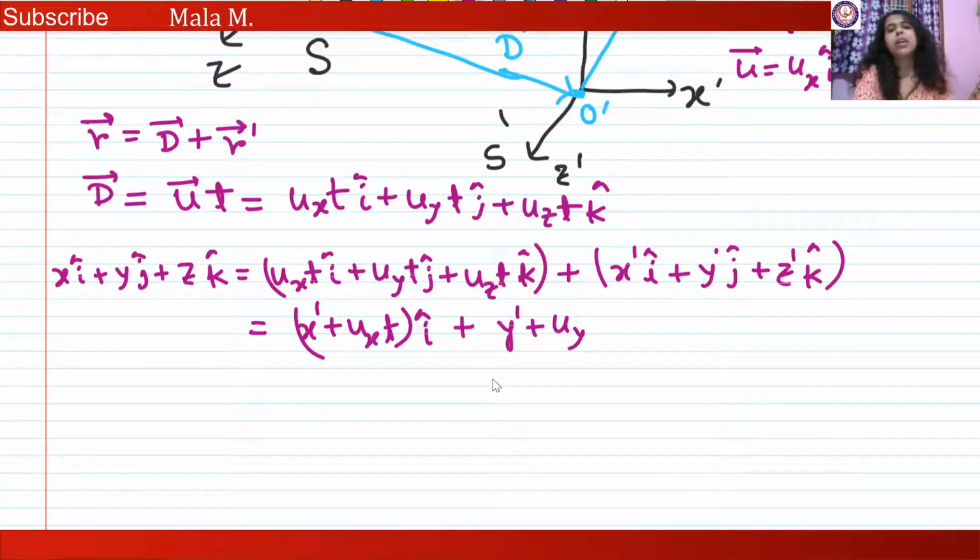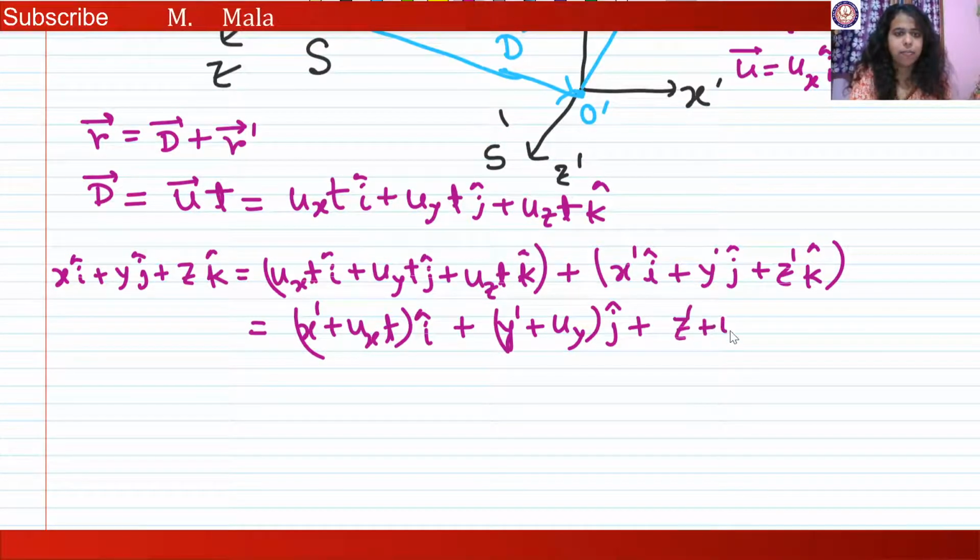So ux, uy, uz are the velocity components along x, y and z.